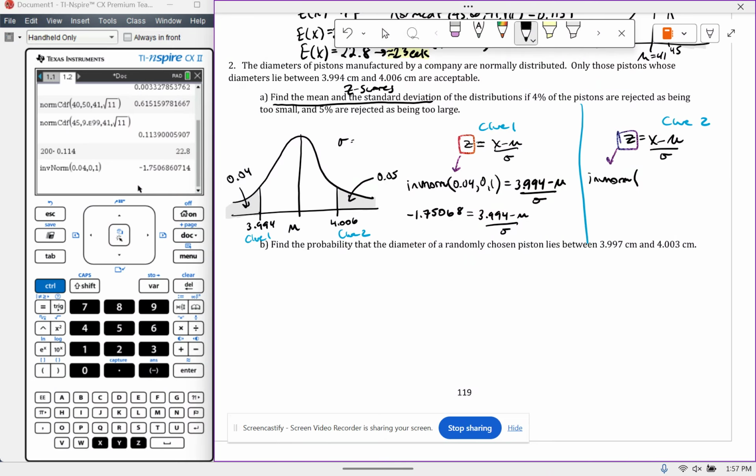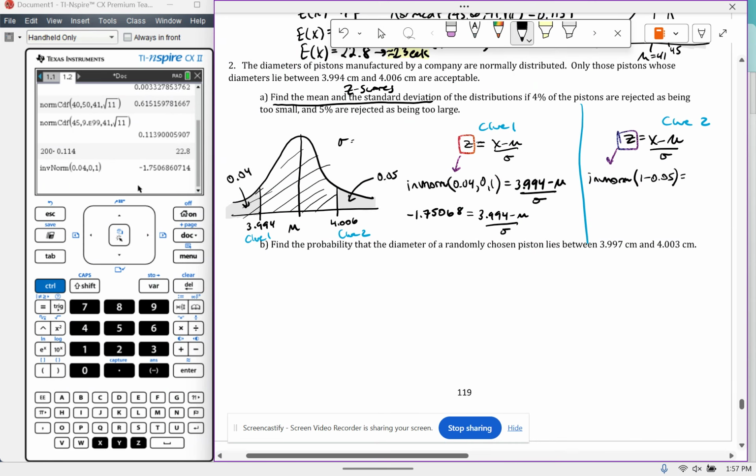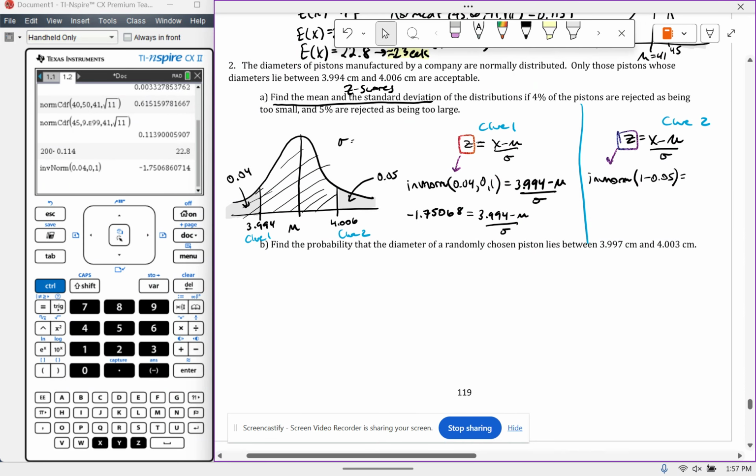So you need to find the area from the left up to where you are. Maybe this is what you were remembering from last year, perhaps. So you're going to have to do 1 minus 0.05 whenever you are given this guy to the right and you need the area to the left. Okay? And then, oh, this was the boundary that corresponded to that. Okay. Now, I have 2 equations with 2 unknowns. What do you think I should do?